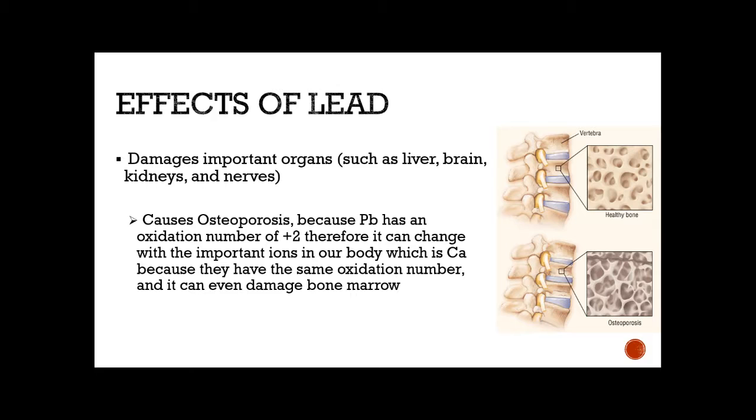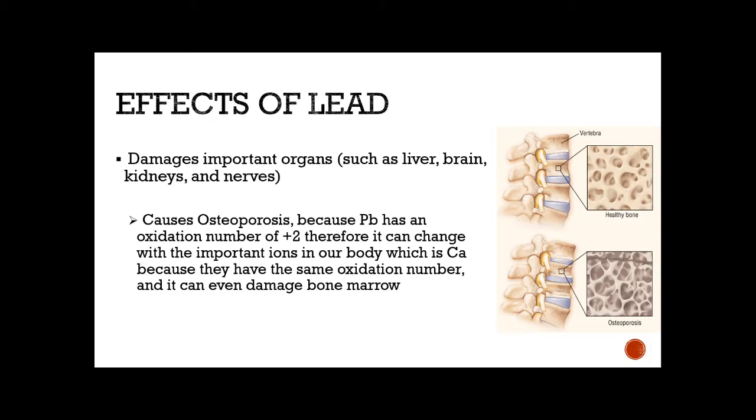That's the reason also why it can be attributed to osteoporosis, because lead has an oxidation number of plus 2, so it can exchange with one of the most important ions in our body, which is calcium. So they have both plus 2 oxidation number, therefore it can damage our bones.